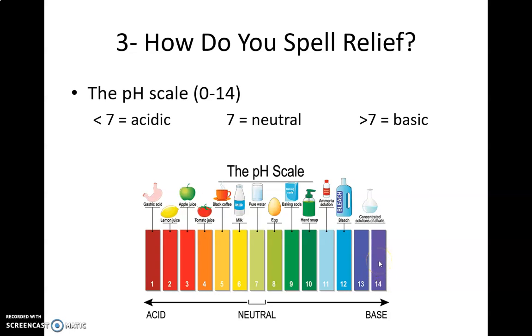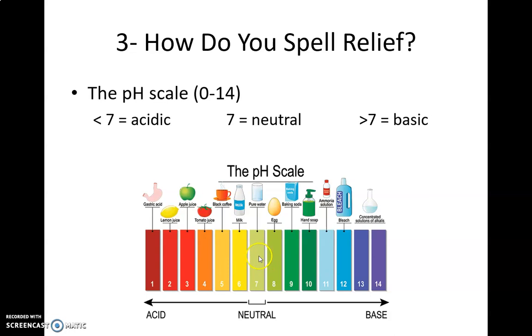Now, the thing that makes the pH scale unique from other scales, like say temperature or the Richter scale, the scale used to measure earthquakes, is that usually when we have these scales, the small numbers mean weak and the large numbers mean strong. Or in the case of temperature, small numbers mean cold, large numbers mean hot. On the Richter scale, it's the same thing. A small number means a really small earthquake, and a large number means a really large earthquake.